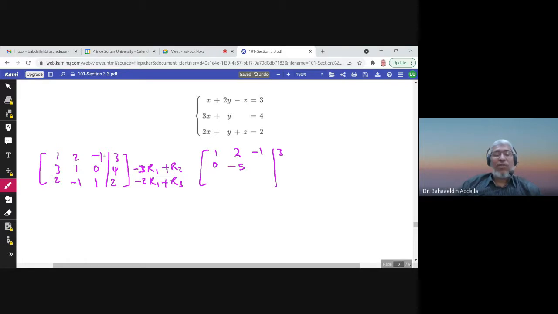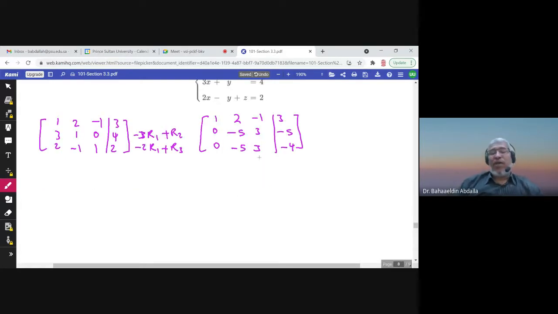Negative 3 times negative 1 is 3 plus 0, 3. Negative 3 times 3, negative 9 plus 4, negative 5. That's row 2. Row 3. Negative 2 times 1 plus 2, 0. Negative 2 times 2, negative 4 plus negative 1, that's negative 5. Negative 2 times negative 1, 2 plus 1, that's 3. Negative 2 times 3, negative 6 plus 2, that's negative 4.